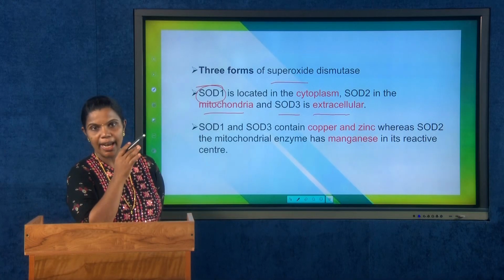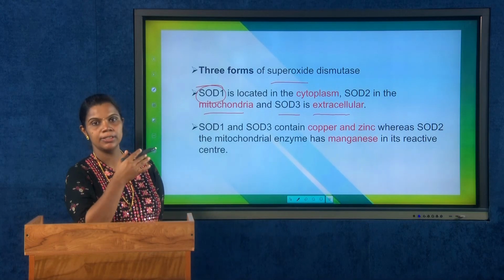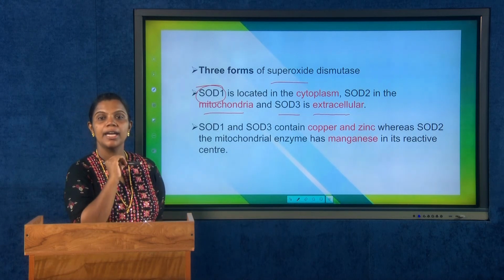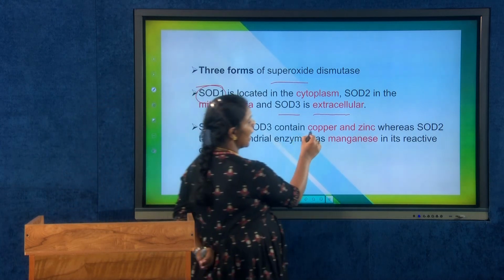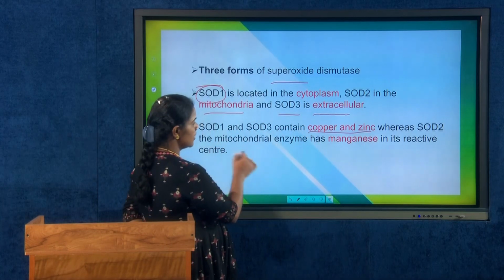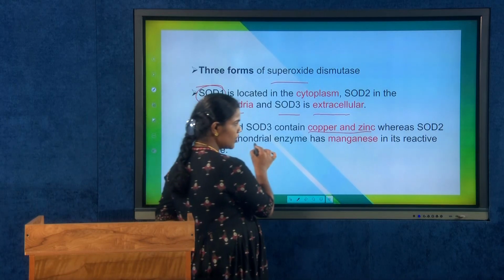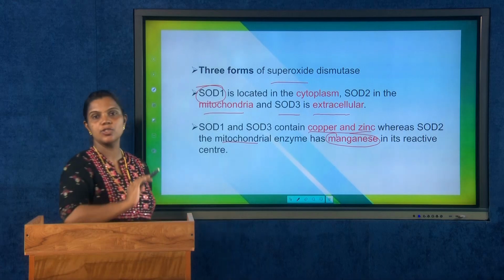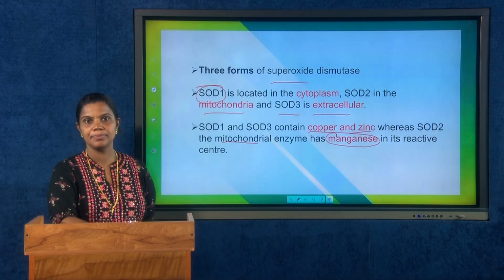SOD1 and SOD3 contain copper and zinc, whereas SOD2, the mitochondrial enzyme, is the manganese-containing superoxide dismutase.